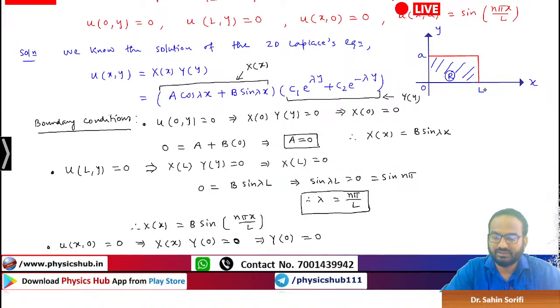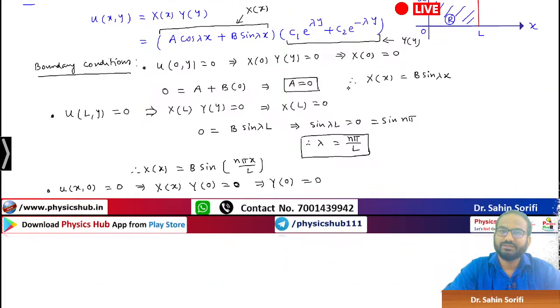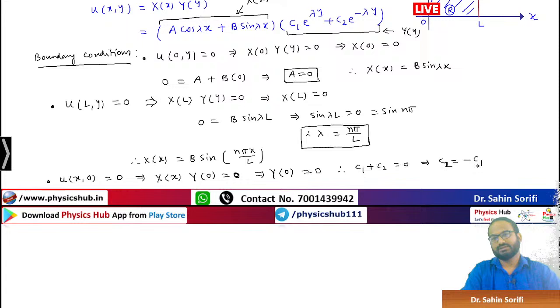Now Y of y is equal to this. If you put y equals 0, it becomes c1 plus c2 equals 0, right? This gives you c1 plus c2 equals 0, meaning c1 is equal to, or in fact I should write c2 is equal to minus c1.